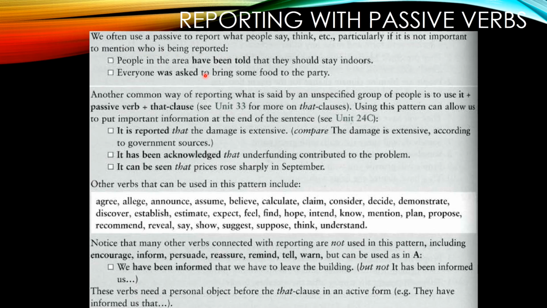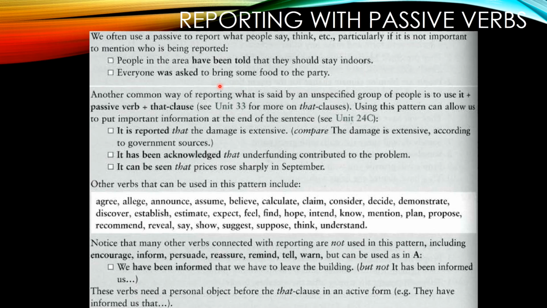Look at these examples. People in the area have been told that they should stay indoors. So somebody told the people that they should stay indoors. It doesn't matter who. It's like when we had this lockdown last spring, remember? So we were told to stay indoors, for example.